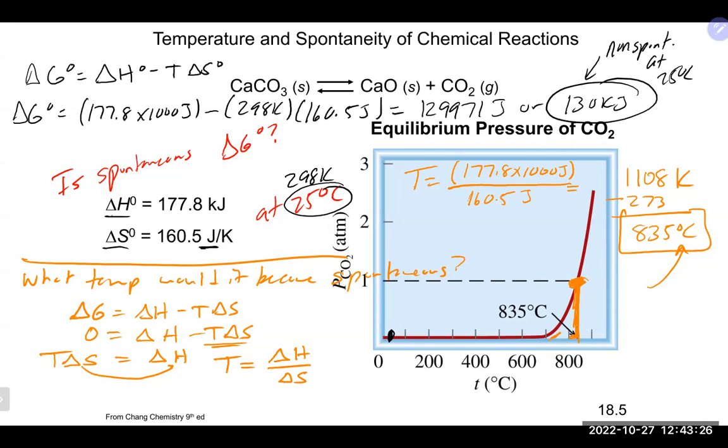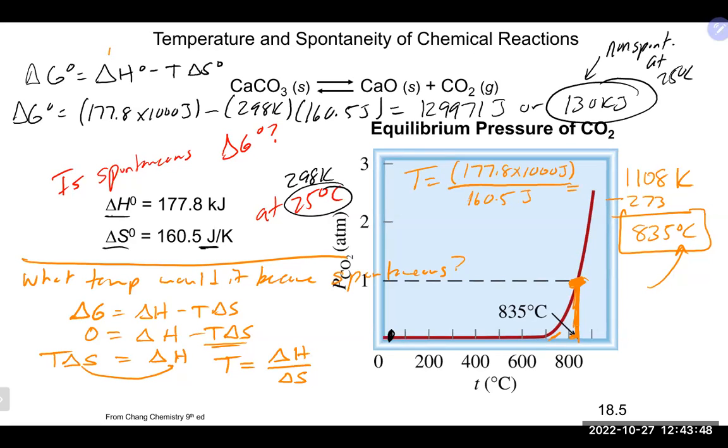So this equation can be very helpful if you calculate something and it says this reaction is non-spontaneous. You can set it to 0 and figure out at what temperature you could get it to become spontaneous. Any questions on that? This also coordinates with what we just talked about originally.